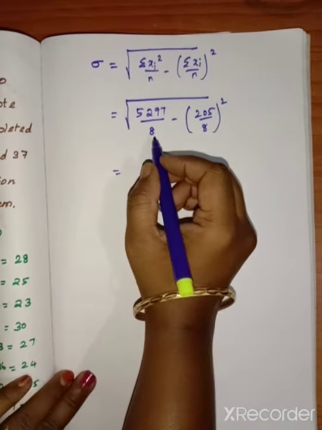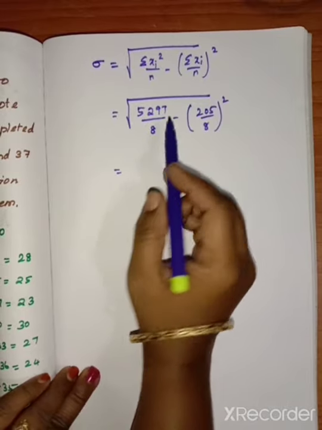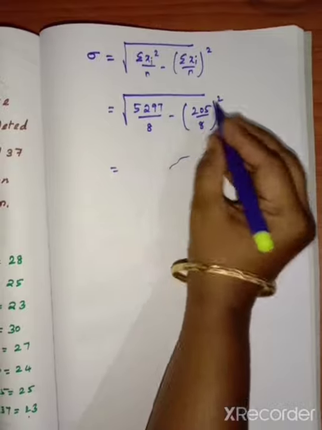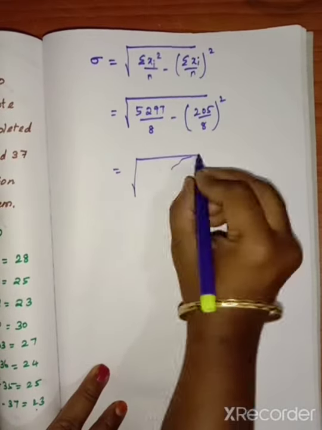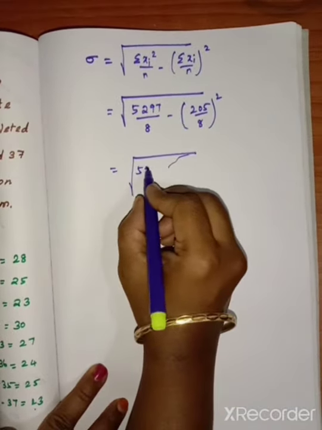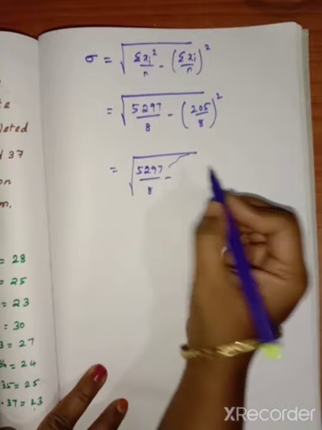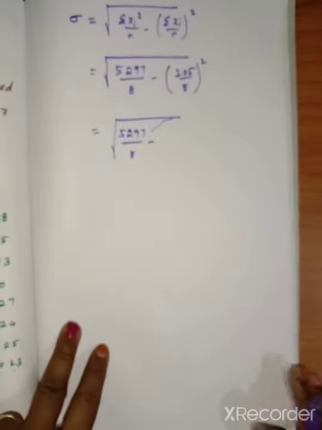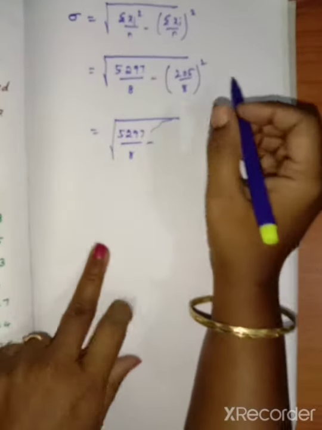So here if it is possible you can cancel, or otherwise you have to straightly divide and do that. So for this we want to multiply. So square root of 5297 divided by 8 as it is, I have taken because I do the division straightly. Then here we want to multiply.